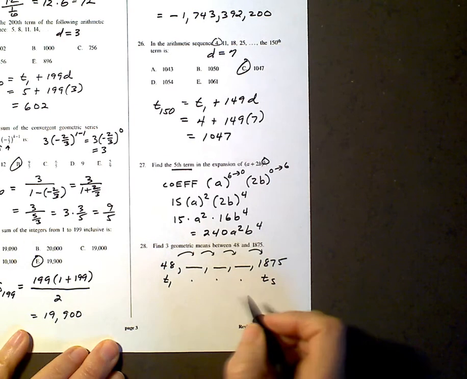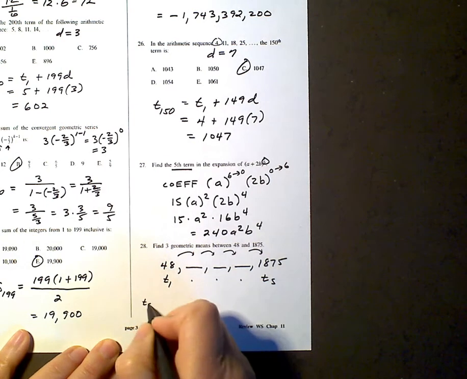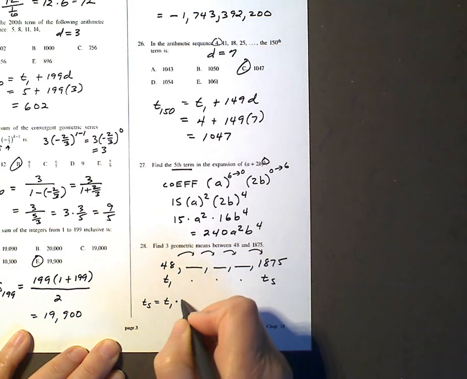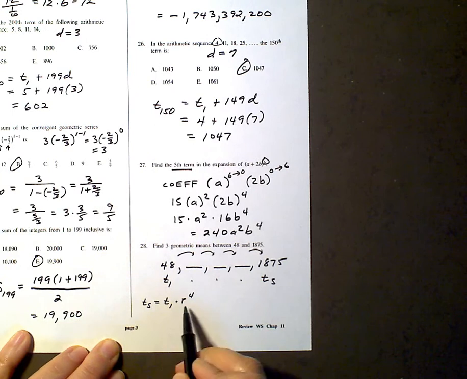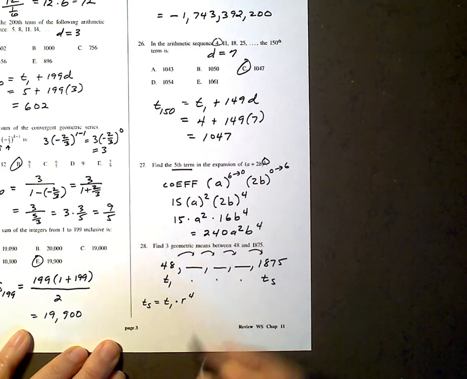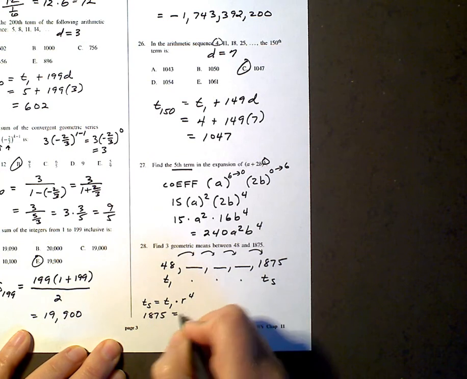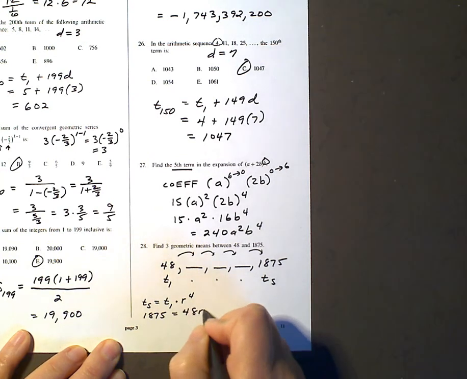So I can look at this as I know that the fifth term in a geometric sequence, if I start with the first term, will have to be the first term multiplied by the common ratio 4 times. So in this case, 1875, the fifth term, should be equal to 48 r to the fourth.